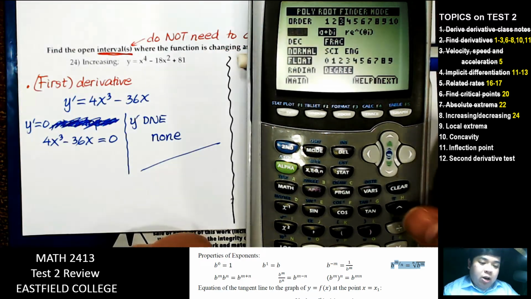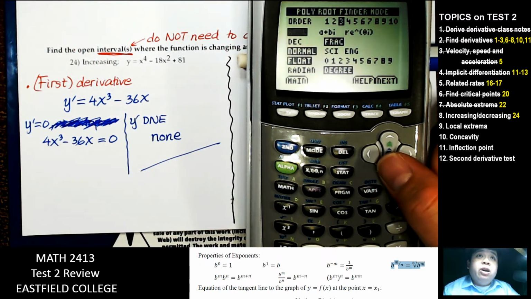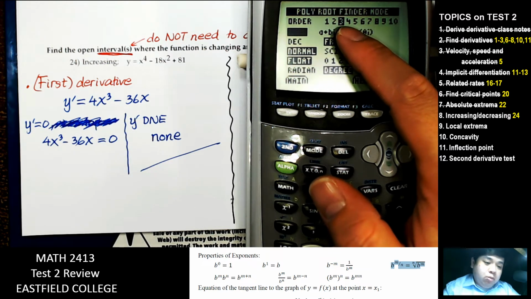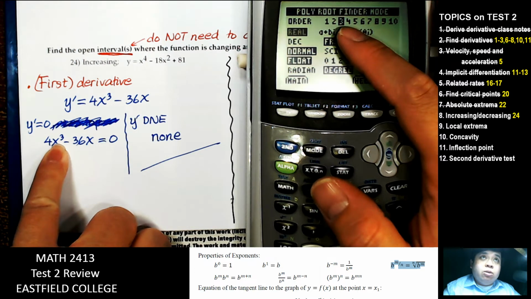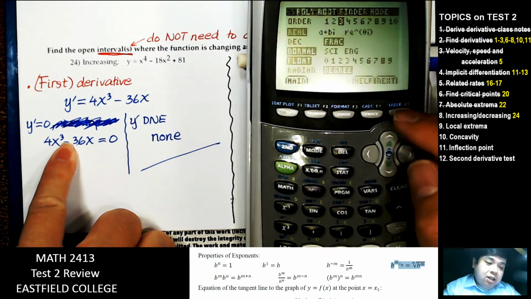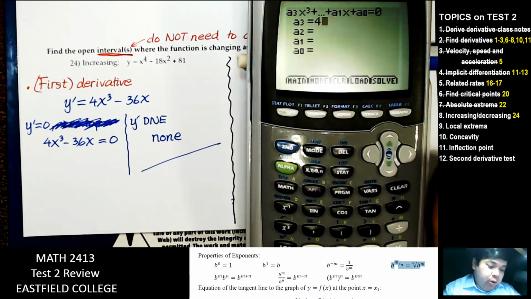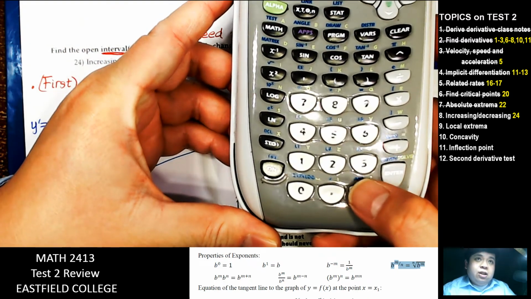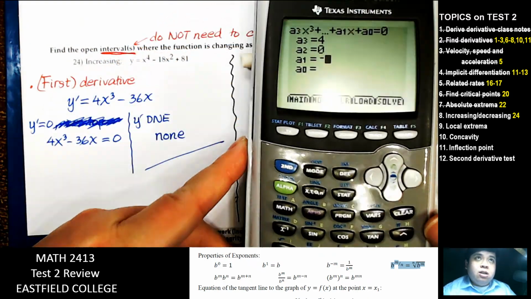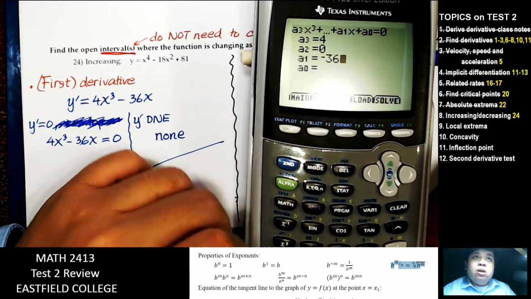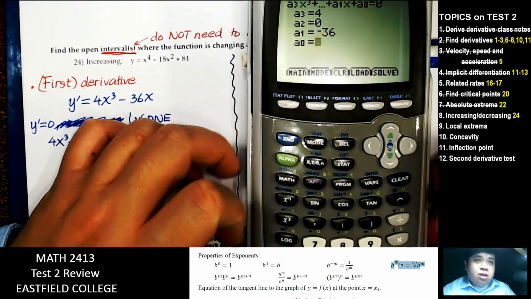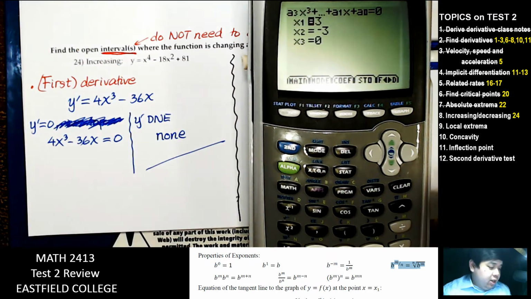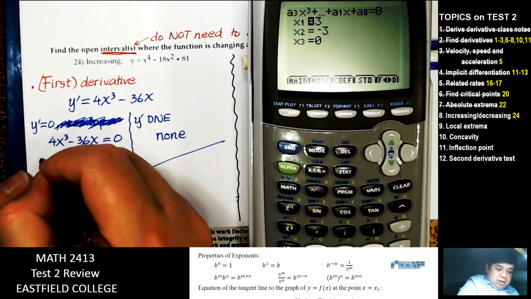Either real or complex, and just keep it real. Keep the order equal to that. Next, the coefficients: 1, 0, negative 36 using the negative key, and then 0. When we hit solve, we get 0, 6, and negative 6.